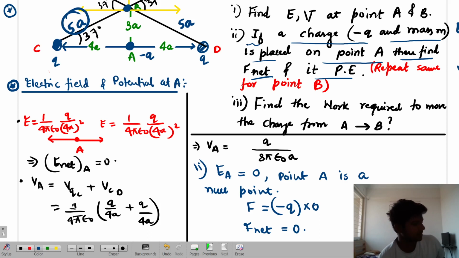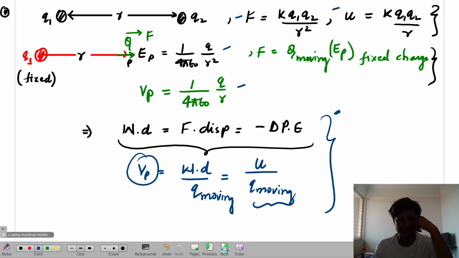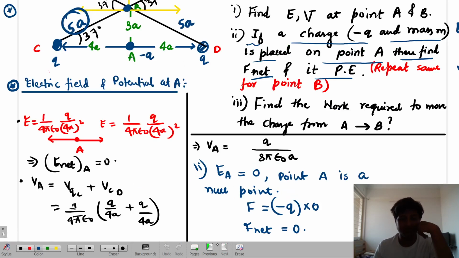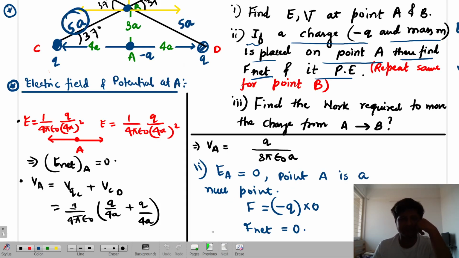Next, it is asking to find the potential energy. Day before yesterday I told you to relate potential energy, when there is a moving charge, as the potential at any point with the charge which is moving. So potential energy is the potential at that point into the charge which is moving. Always remember to apply this concept.